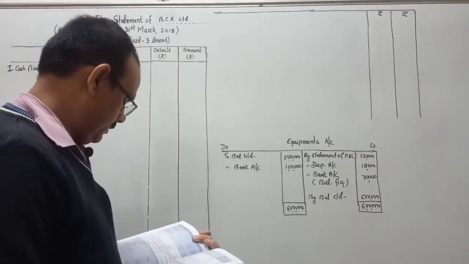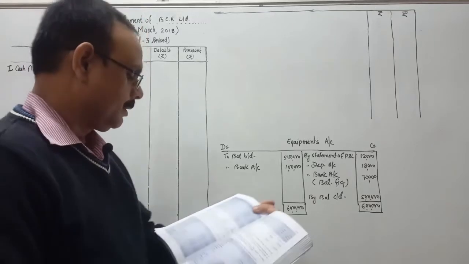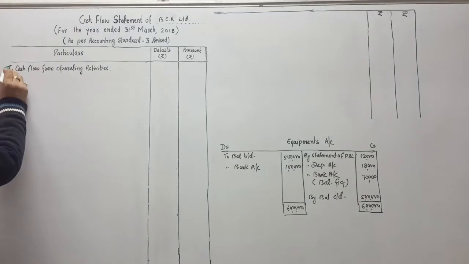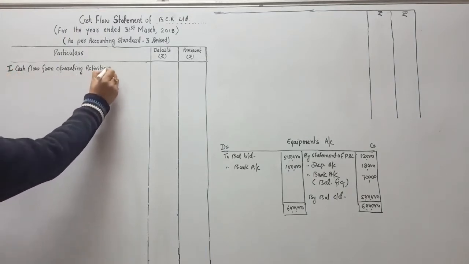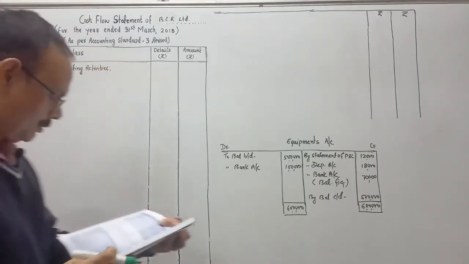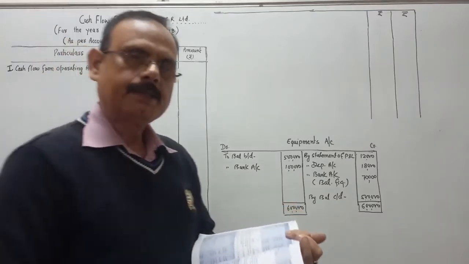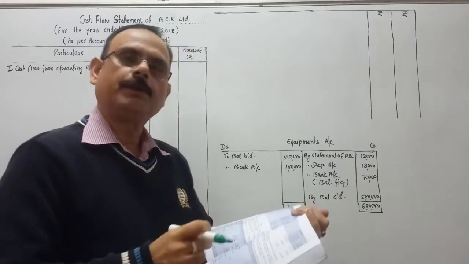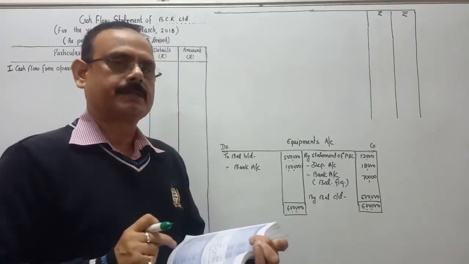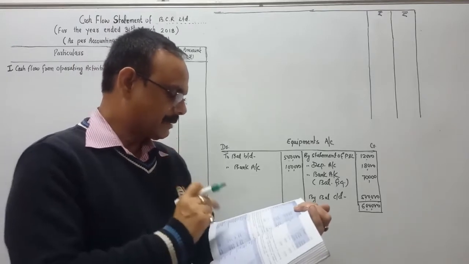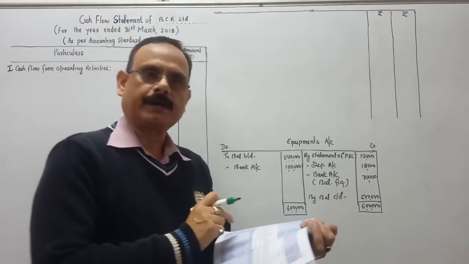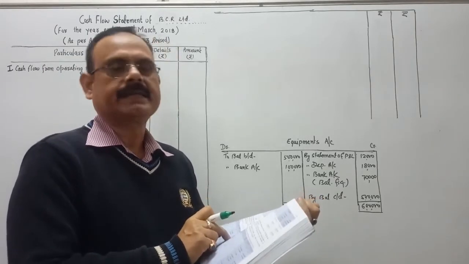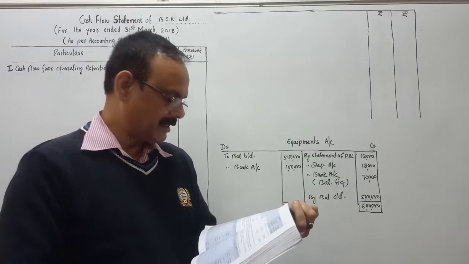We have done it. Now coming to the first, cash flow from operating activities. Start with number 1, cash flow from operating activities. Okay. So the profit is not given in the question directly. So what we'll do, we'll see the reserve and surplus amount. So reserve and surplus given in the shareholders fund in point number B. Last year reserve was 2 lakhs and this year reserve is 3,50,000.